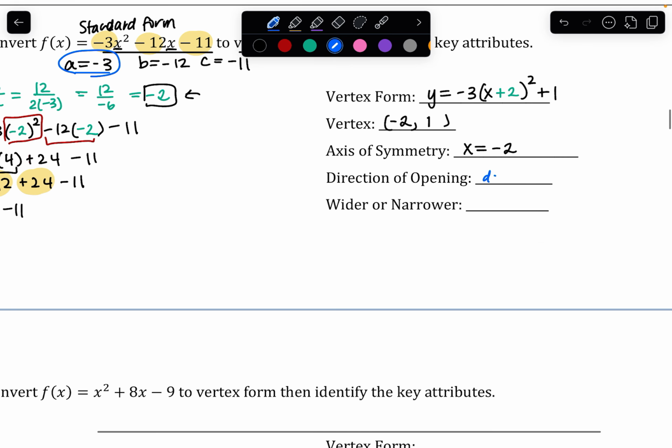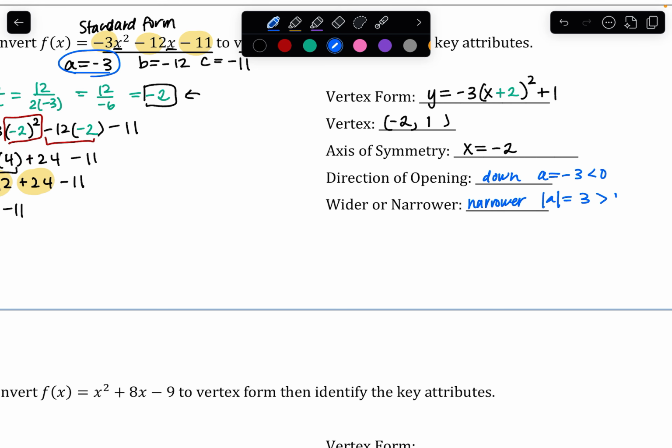The direction of opening will be down because a is negative 3, which is less than 0. And it's going to be narrower because the absolute value of a is 3, which is bigger than 1. It's going to be vertically stretched, even though it's opening down.